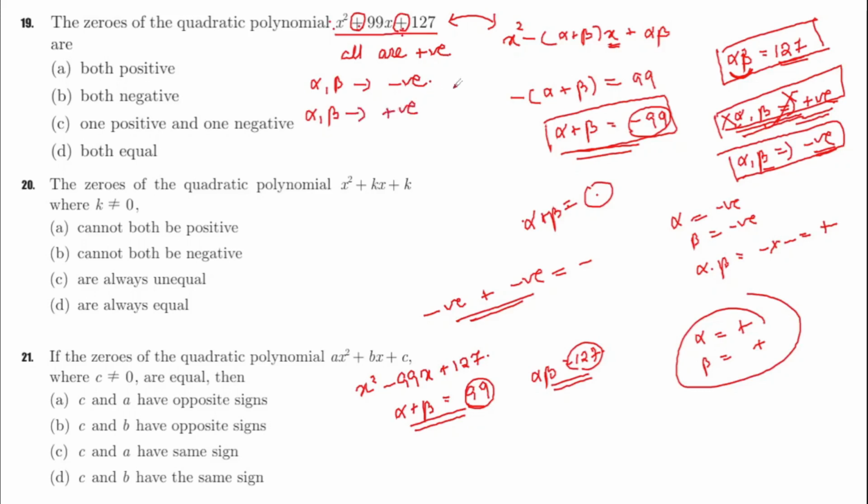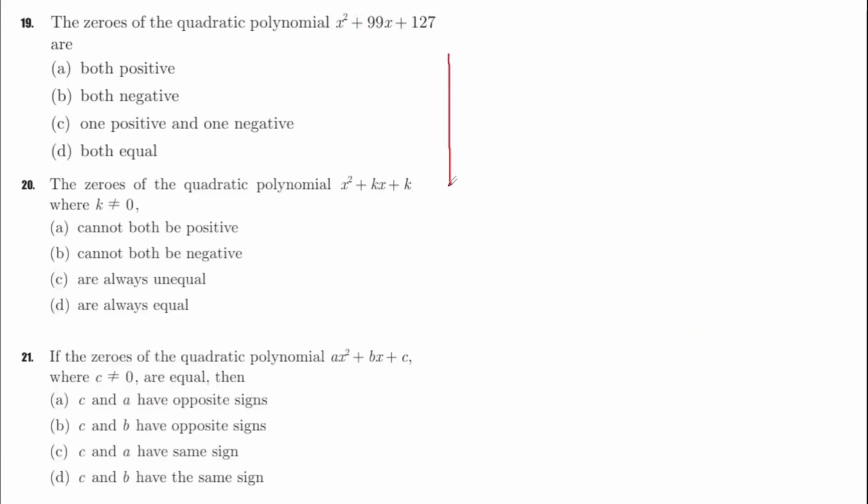Okay, let's try to summarize this like this. If A, B and C all are positive, what will happen, sir? Now alpha and beta are negative. Both alpha and beta are negative.